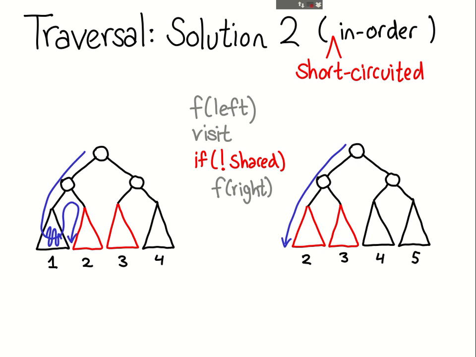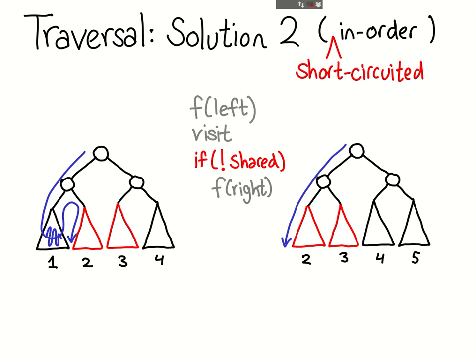Here, first, the traversal proceeds as normal until we encounter a node where the revisions and the keys are the same. In this case, the key is 2. Now we know that the trees are the same, so we no longer need to visit the right node.